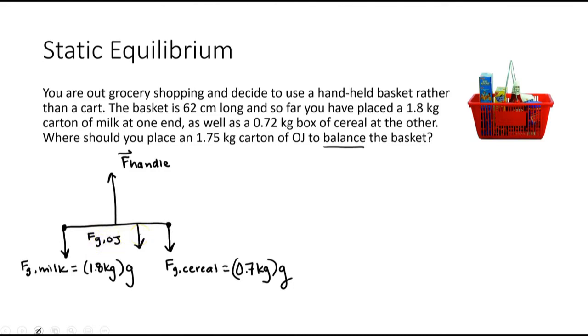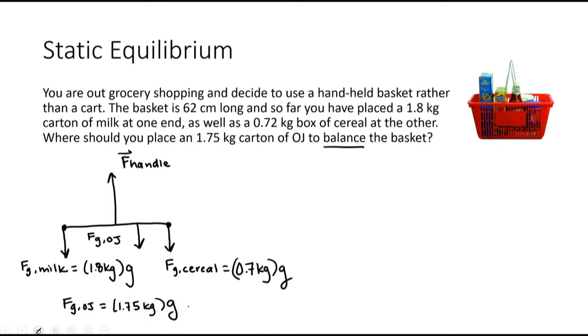All right, and we also know what FG of the OJ is. I don't have room to draw it, so I'll just write it down here. FG of the OJ is equal to its mass, which is 1.75 kilograms, and that's going to be multiplied by g to give us the weight of the orange juice.